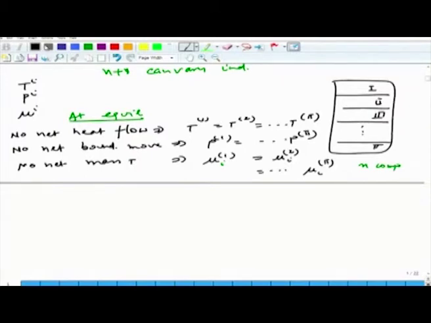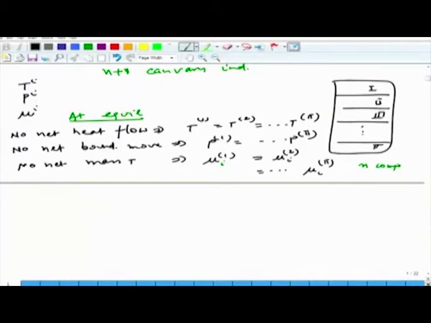Now, if you want to find out the number of variables which you can independently vary, that is what we call the degree of freedom, then we can make use of these equations. How many constraints have been put here for an equilibrium? If there are pi phases, then there are pi minus 1 independent equations: T1 equal to T2, T2 equal to T3 and so forth.